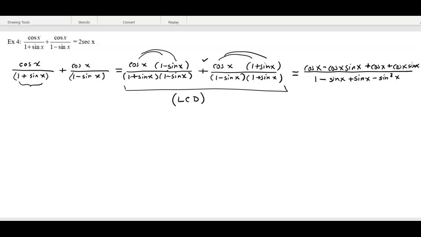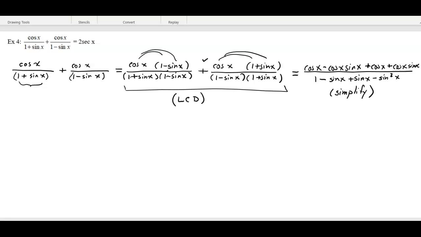So all I did was take the least common denominator and I FOILed it out. Okay, so all I've done is simplify. You can say distributive property. You can say FOIL. I just multiplied everything out in the numerator, everything out in the denominator.